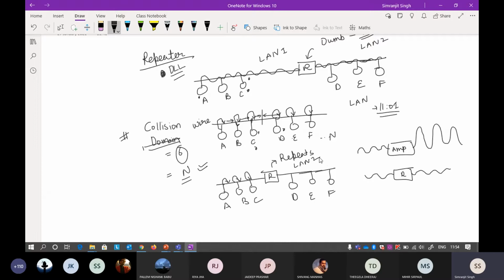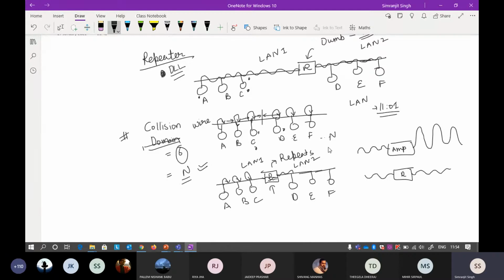So if it is LAN 1 and LAN 2, whatever it is receiving from LAN 1, it will transfer there. Suppose some signals are there, and whatever it is getting from there, it is also there. So inside the repeater, there is a chance of collision. On the wire, there is a chance of collision, because the repeater does not have any capacity to store a signal.